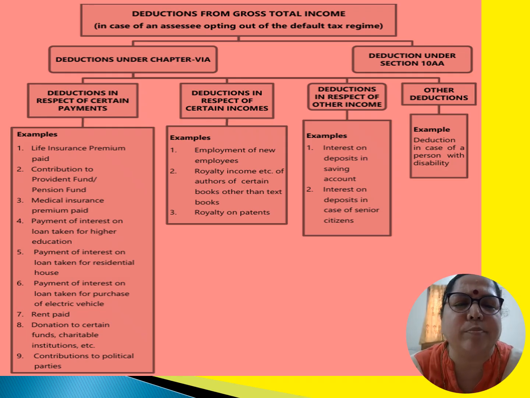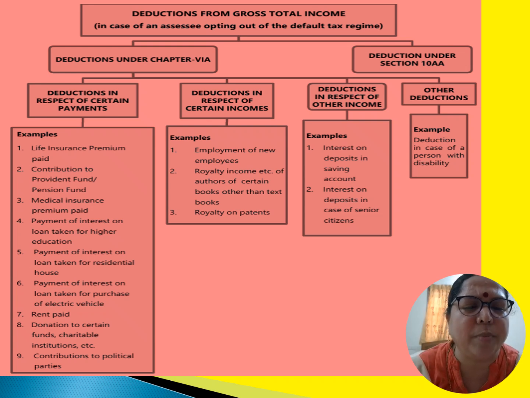Now, there can be two types: deduction under chapter 6A and deduction under section 10AA. Under chapter 6A, there are certain subtypes: deduction in respect of certain payments.